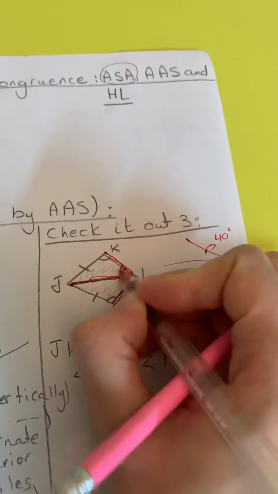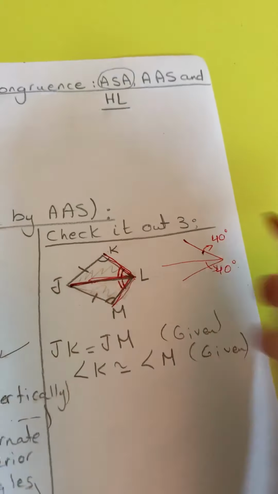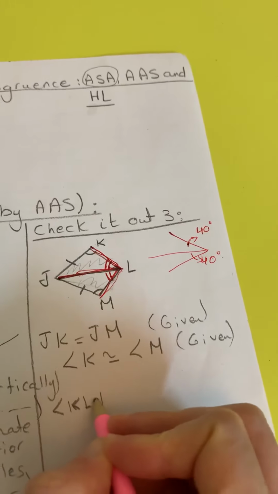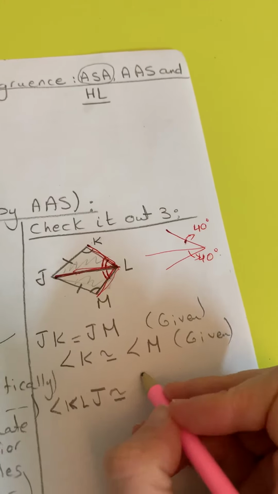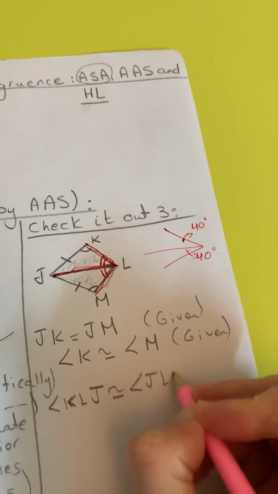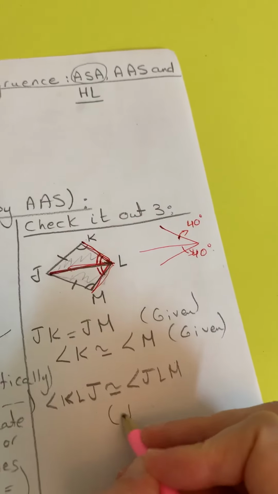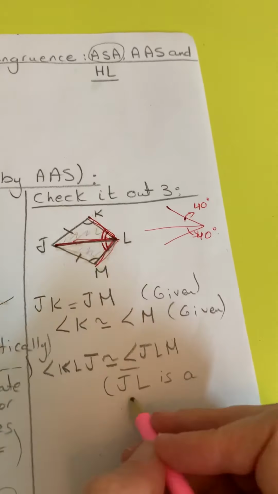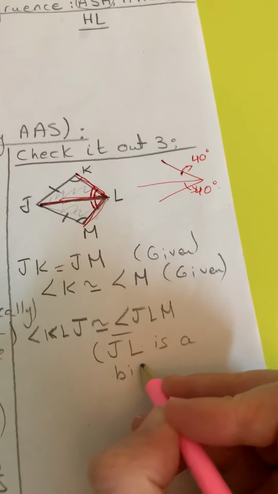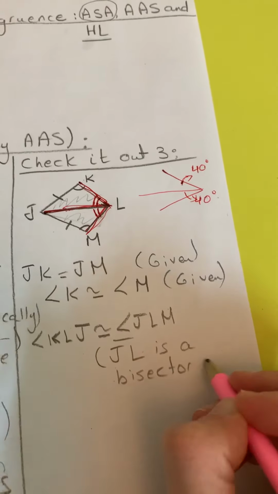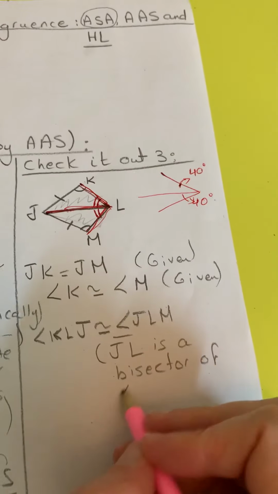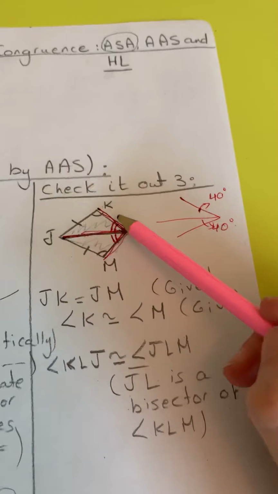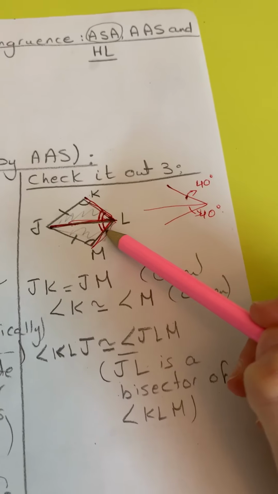So automatically this angle will be equal to this angle. So angle KLJ is congruent to angle JLM because JL is a bisector of angle KLM. So now I have these two angles congruent.